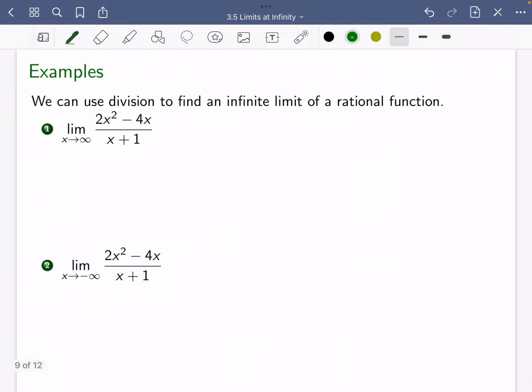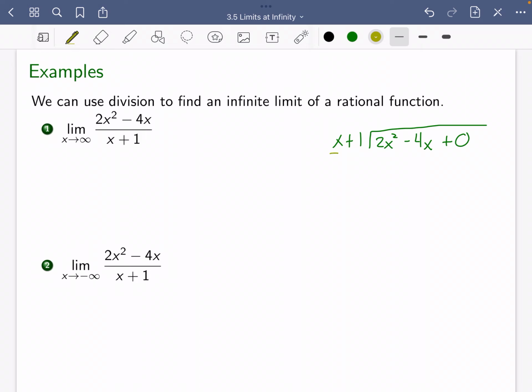So let's look at 2 more examples. Here we can use long division to find an infinite limit of a rational function. We have a rational function, 2x squared minus 4x over x plus 1, and we want the limit as x goes to infinity. So we'll do long division, x plus 1 going into 2x squared minus 4x plus 0.